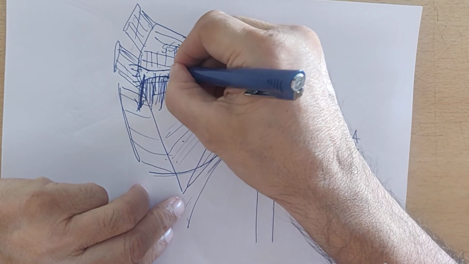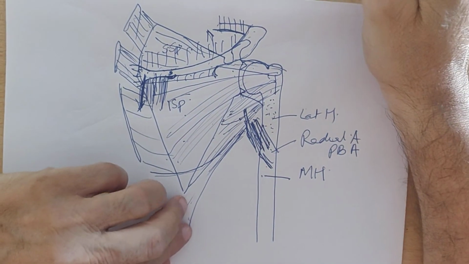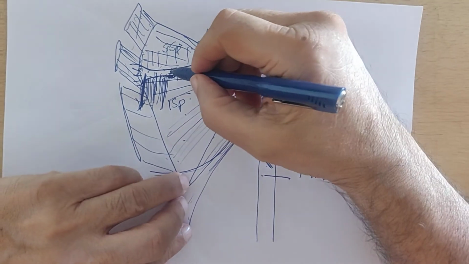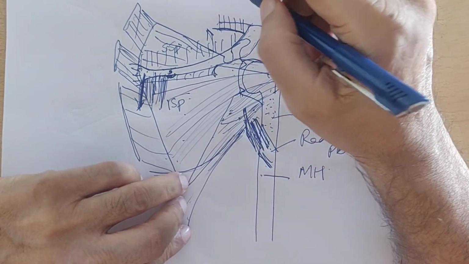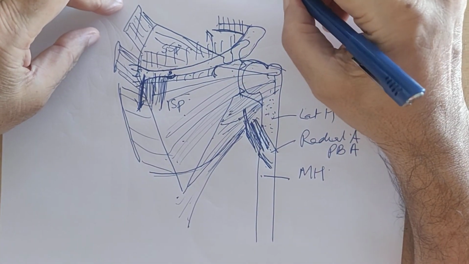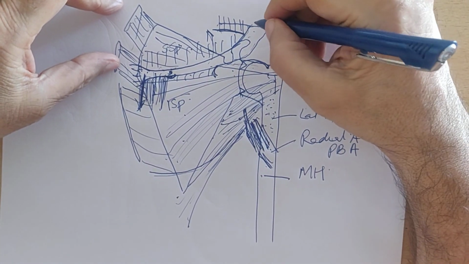It rotates the scapula on this axis, which is at the deltoid tubercle, and passing right up to the sternoclavicular joint. So the movement of rotation of scapula occurs at the sternoclavicular joint.